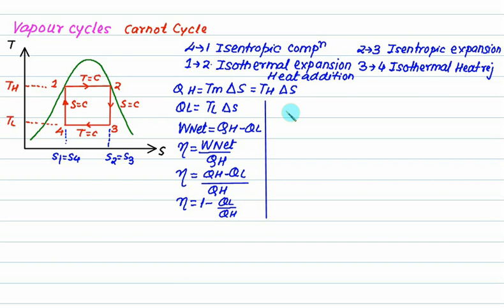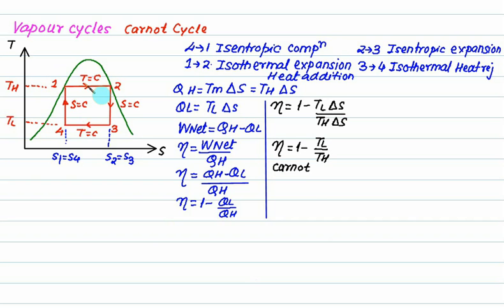Let's substitute for QH and QL. We get the Carnot efficiency equals 1 minus TL into delta S divided by TH into delta S. It is again proved that the Carnot efficiency is only dependent on temperature. So for any thermal cycle, this is the maximum efficiency, that of Carnot.